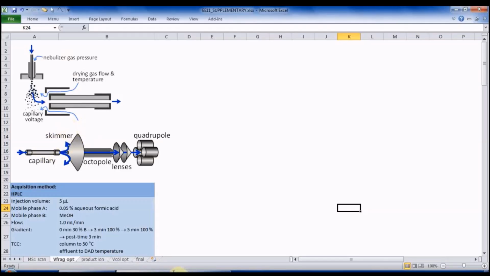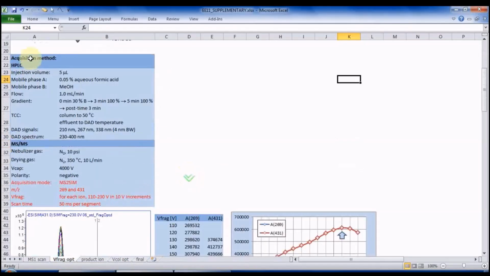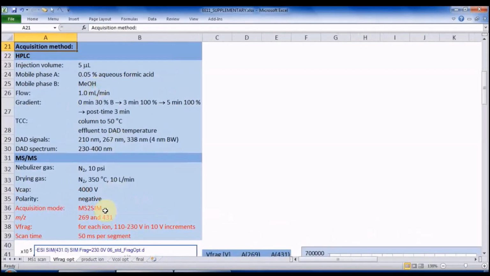The standards will be analyzed in MS2 SIM mode, so we will only monitor deprotonated ions of both analytes, 269 for apigenin and 431 for apigenin glucoside, at different fragmentor voltages from 110 to 230 volts in 10 volt increments.